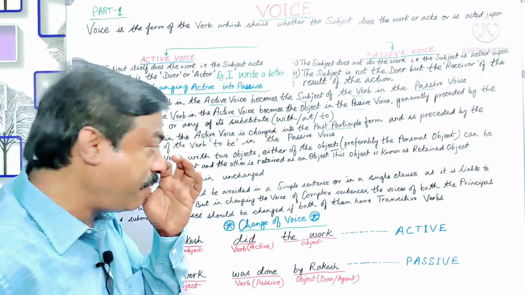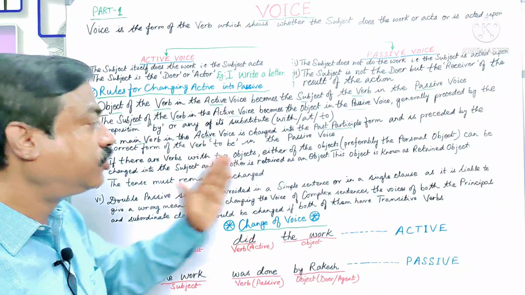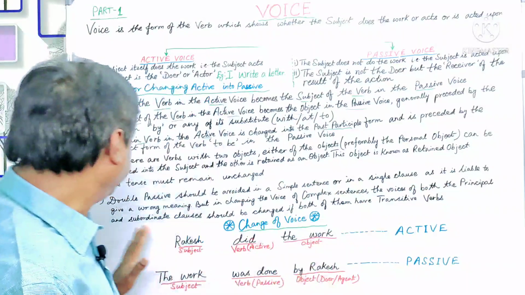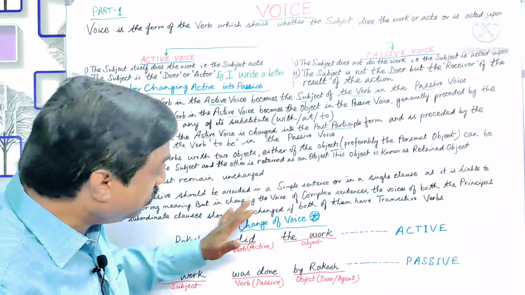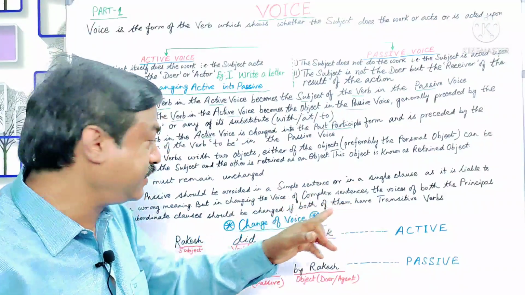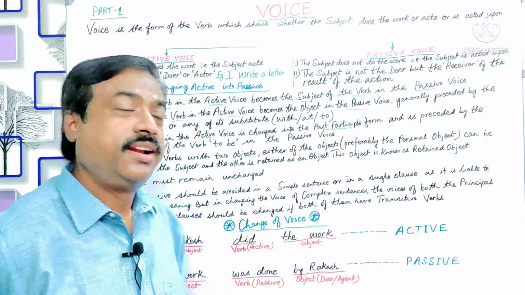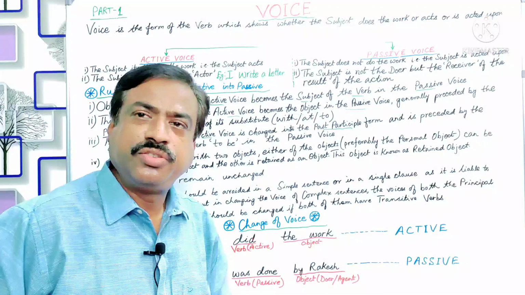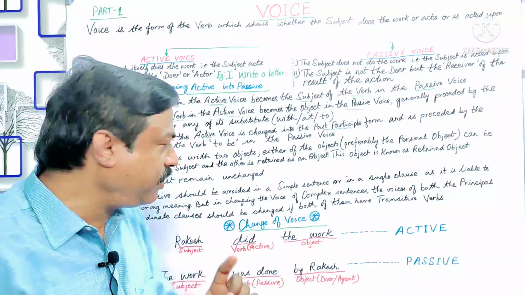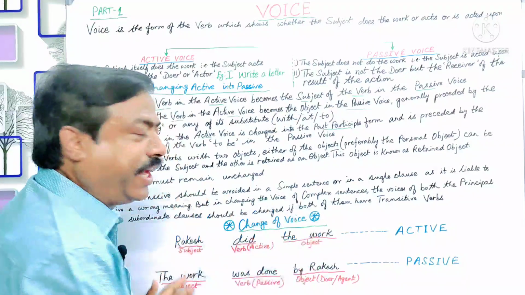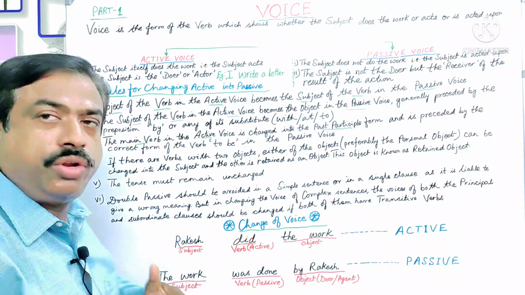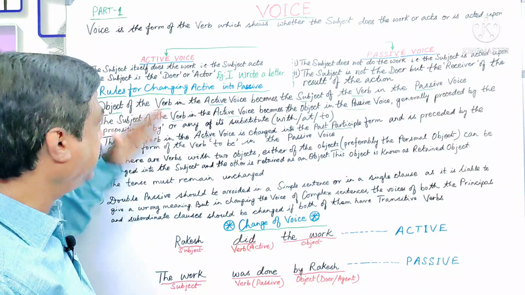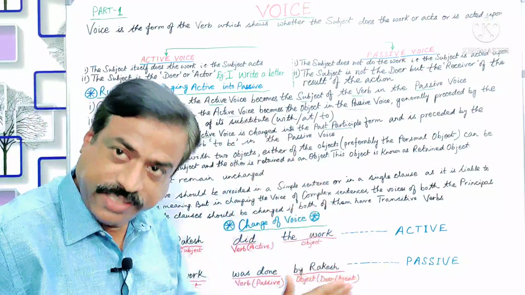So the voices of both the principal and subordinate clauses should be changed in complex sentences if both of them have transitive verbs. Now, I just take an example here of how to change. I have told you everything about the necessary changes that take place.